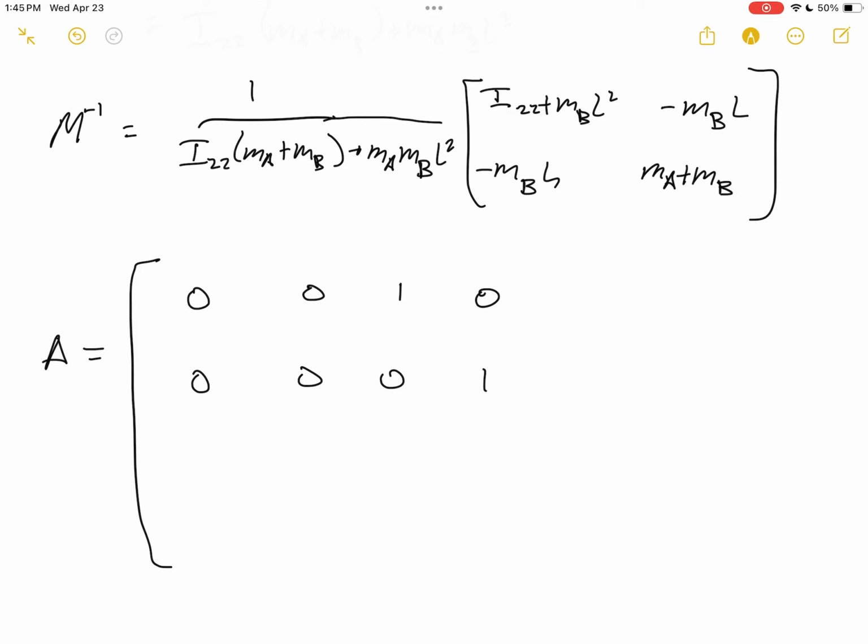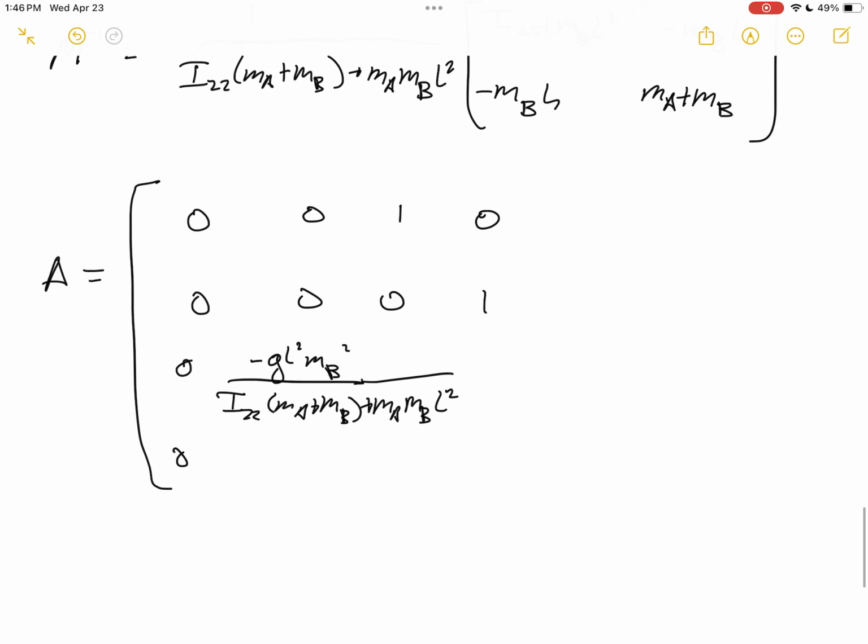And in the bottom left, we had minus M inverse K. So if we were to multiply that out, we have zeros in this column, minus g l squared mb squared over the denominator that shows up in the mass inverse, Izz (ma plus mb) plus ma mb l squared. All that's under the denominator.